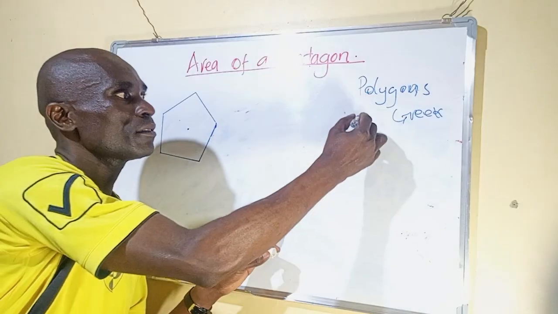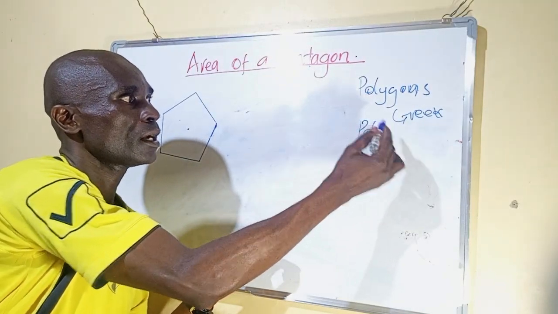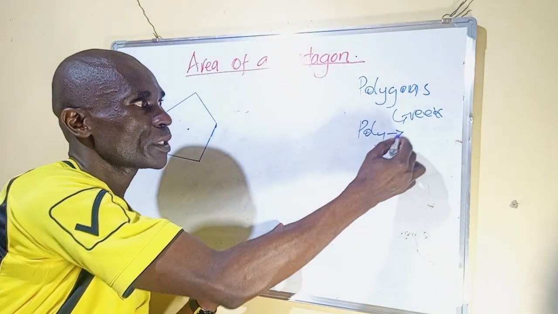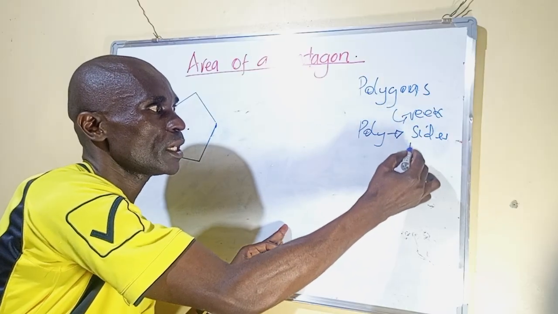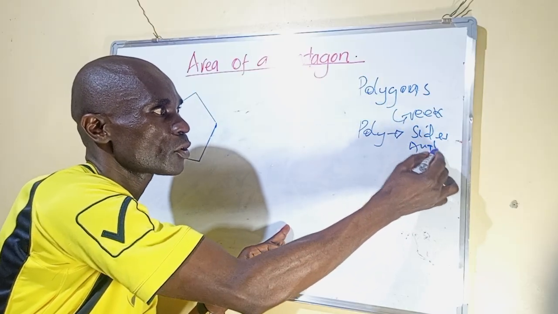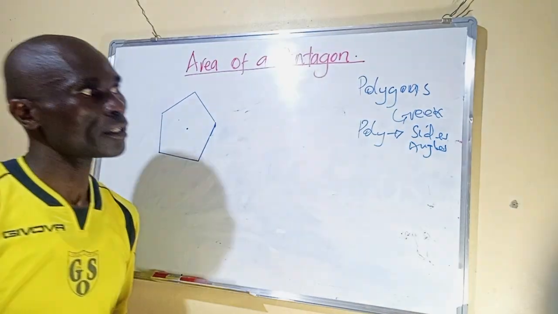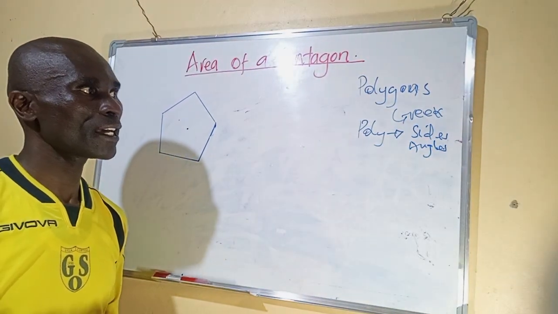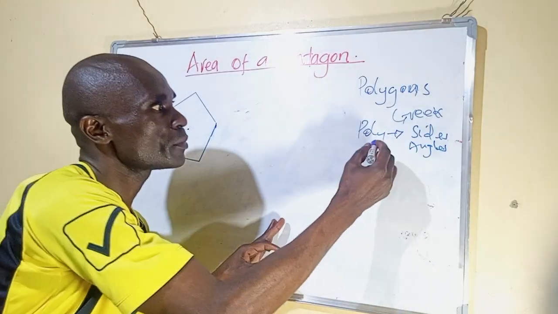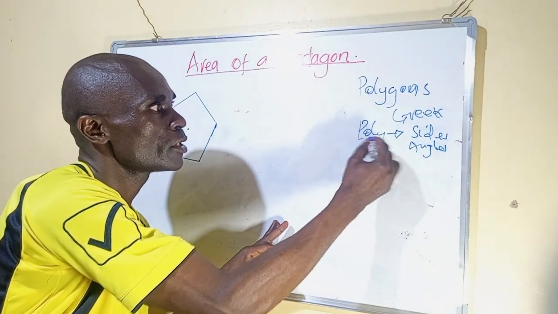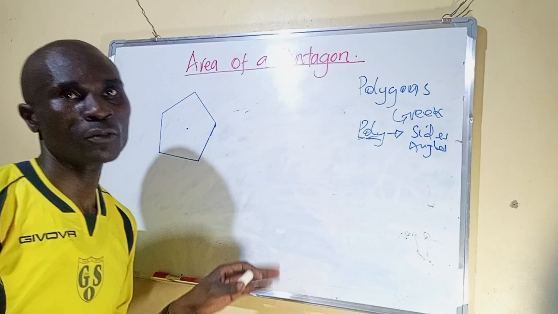You can have the word poly, which simply means many sides or many angles. So it is just simply a meaning of many.